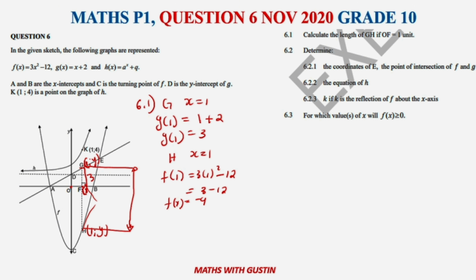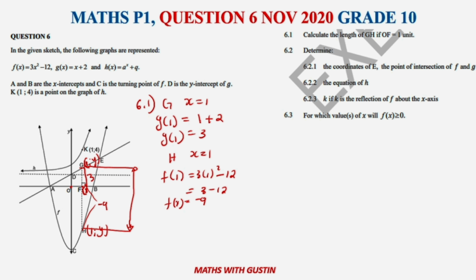That's fine. But remember, guys, here we're looking for the distance. The distance from there to here is going to be minus 9, but distance cannot be negative.